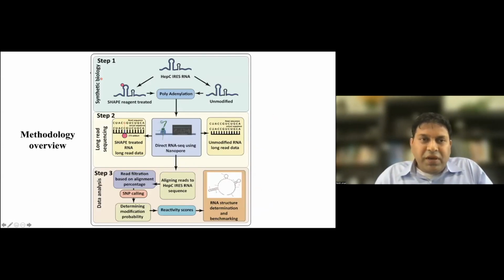So broadly speaking, you would see that there are 3 steps: a synthetic biology step where you take this RNA molecule, perform treatment with a SHAPE or a DMS or other reagent.